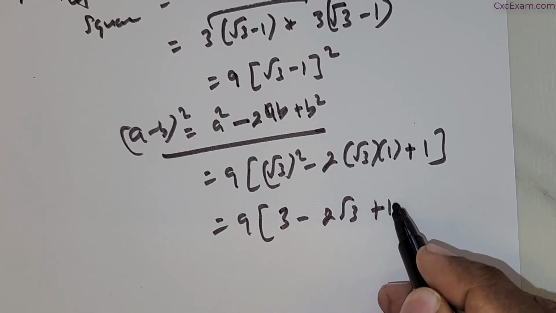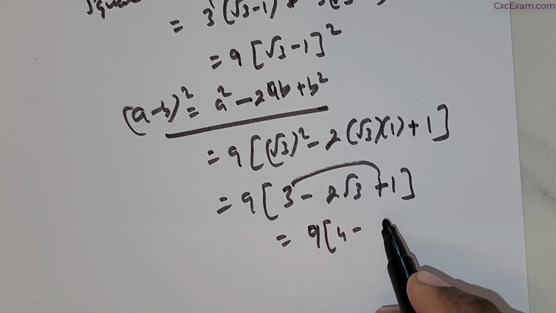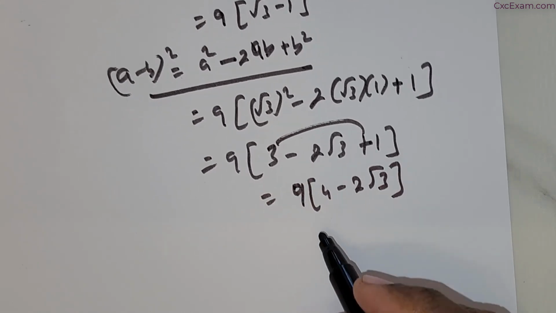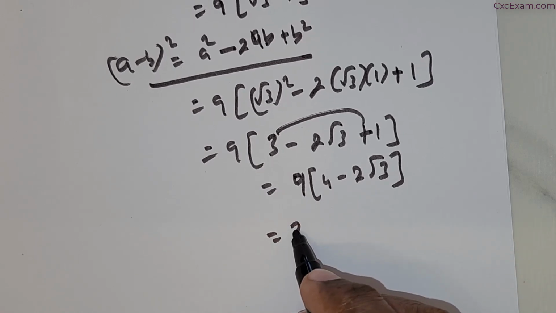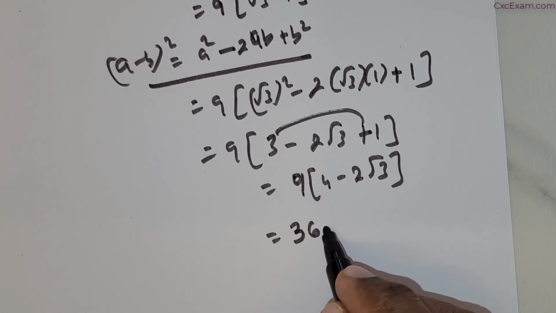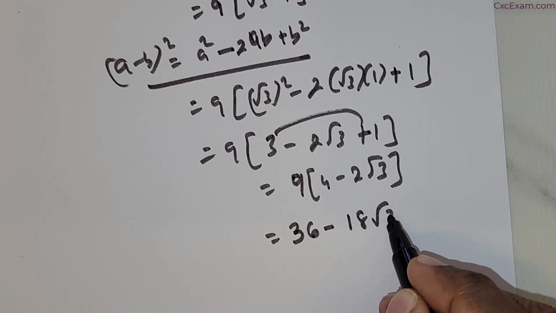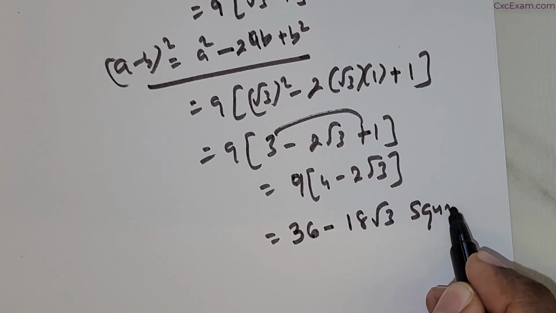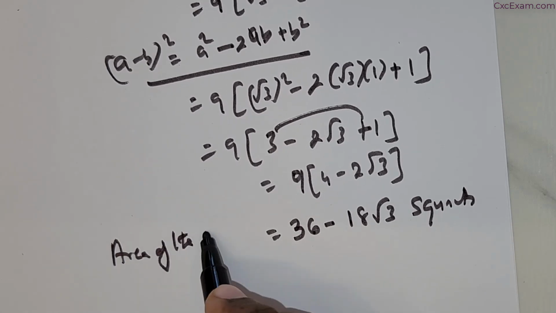This is 2 times root of 3 plus 1. 3 added with 1 will give me 4 minus 2 times the root of 3. So this is going to be 9 times 4, 36 minus 9 times 2, 18 times the root 3 square units. So this is the area of the square.